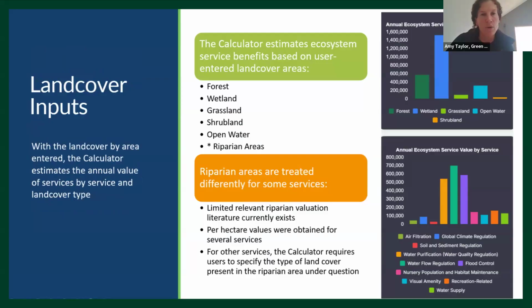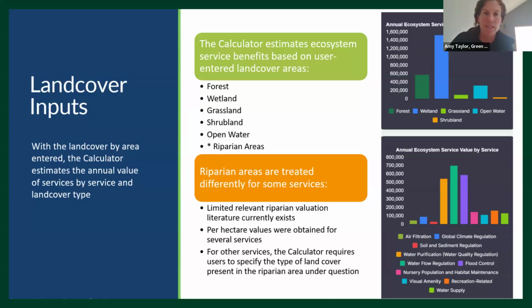So if you go to the next slide, ultimately, the calculator estimates ecosystem service benefits based on user-entered land cover areas, so entering hectares or square kilometers for your particular project across different land cover types, including forests, wetlands, grasslands, shrublands, and open water. And as for the riparian areas, you'll recall from the previous slide, a number of services did have riparian-specific values.